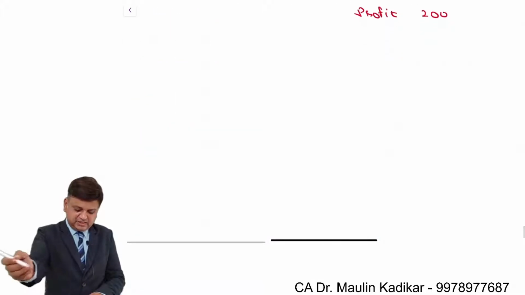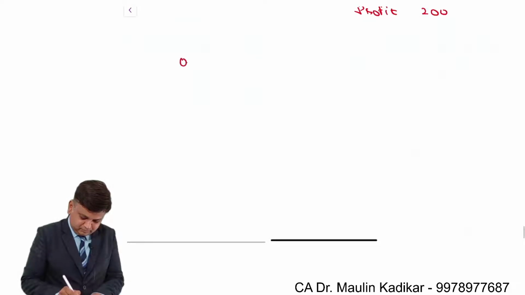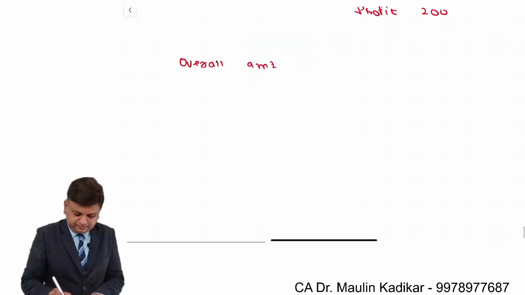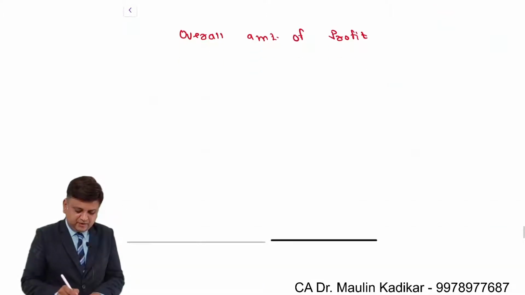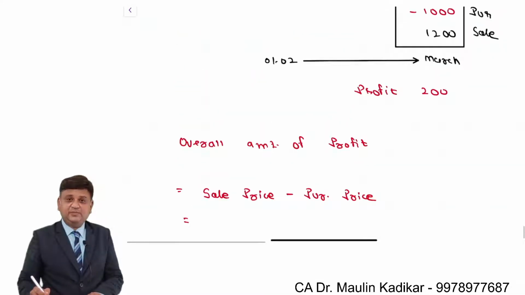So we understand that the overall amount of profit is equal to sale price minus purchase price. What is the sale price? 1200.